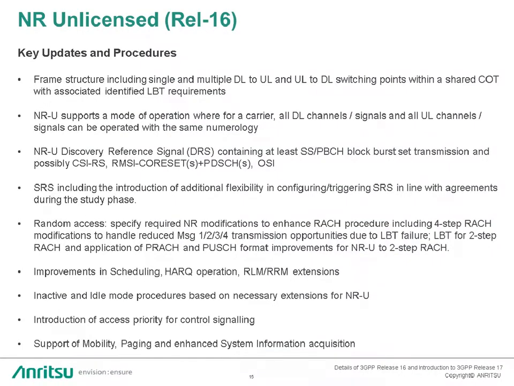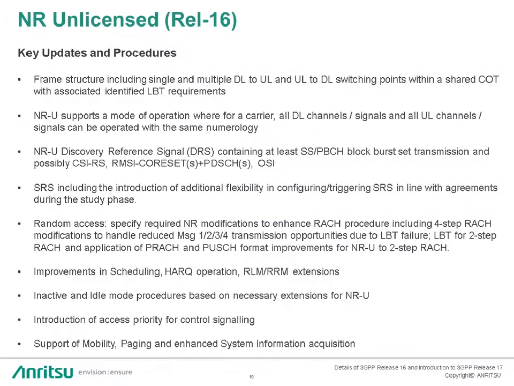NR unlicensed has a discovery reference signal, which contains a combination of SSB, PBCH and CSI-RS, RMSI CORESET plus PDSCH, OSI. SRS has been made more flexible in configuration. Then we talked about LBT.